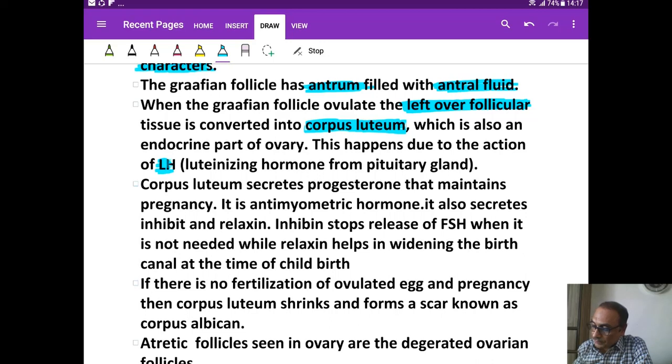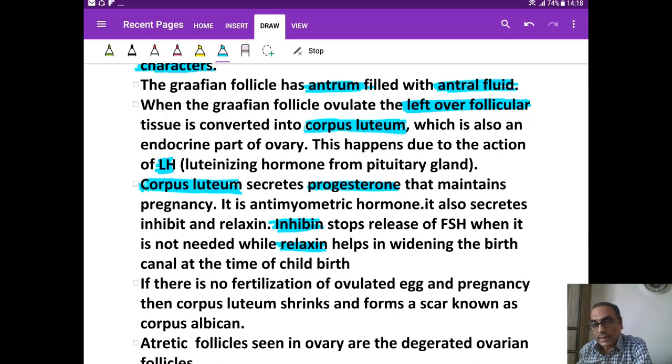Now let us take up something about the corpus luteum, the yellow body which is formed after the ovulation, which secretes mainly three hormones: progesterone, inhibin, and relaxin. So these are the three hormones which are secreted by the corpus luteum.